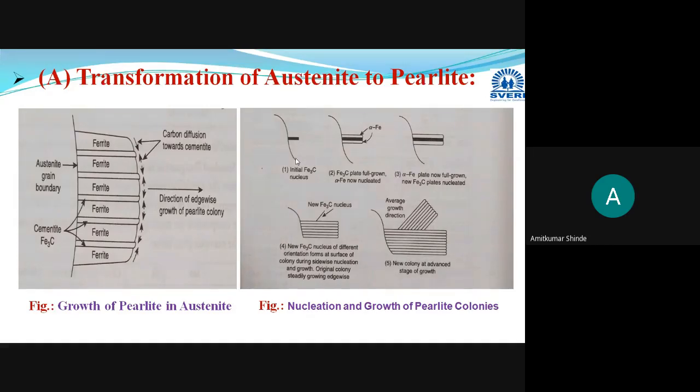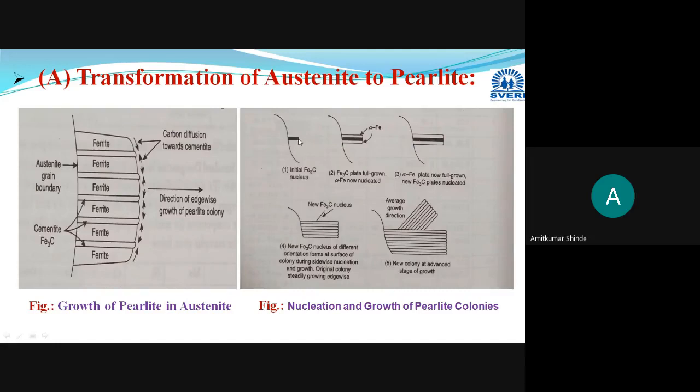Now we have started the slow cooling. While this cooling happens, what will happen on this grain boundary? This line is the grain boundary of the austenite. On this grain boundary, as temperature is falling, carbon from the austenite will start diffusing to the grain boundaries in the form of cementite.